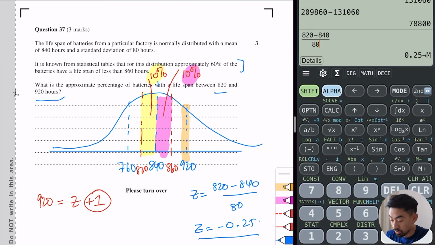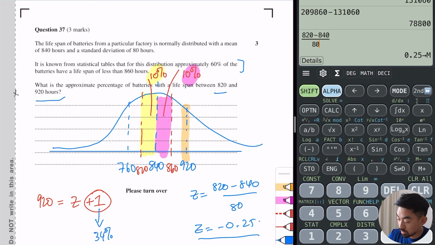Now I just want to know what is the approximate percentage of batteries the lifespan between 820 and 920? Well, I've got 820 to 840, that's 10%. And I know that 840 to 920 is one standard deviation. So one standard deviation is 34% if you think back to your little graph.